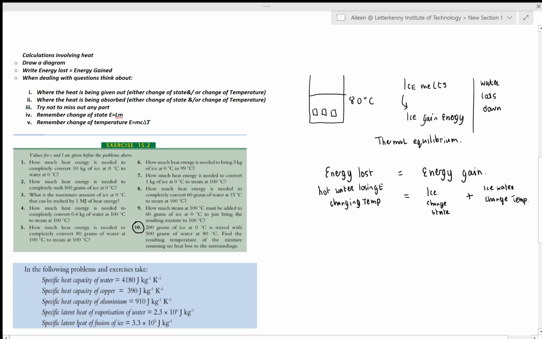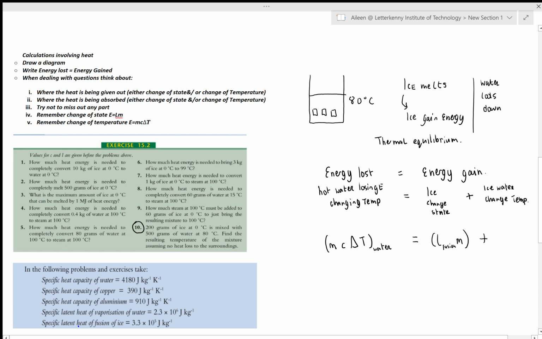From here, fill in our equations. Our energy lost by our water is lost by changing temperature. Therefore, our energy lost is equal to mcΔT of your water. The energy gained by the ice as it changes state is Lm, where L is our latent heat of fusion, as our ice is changing from a solid to a liquid.